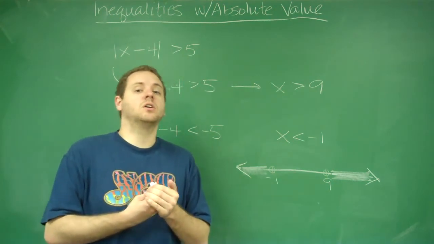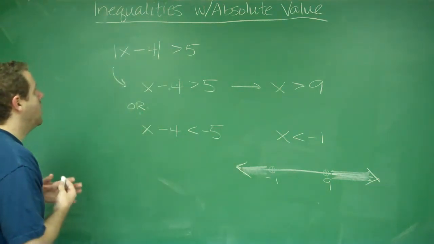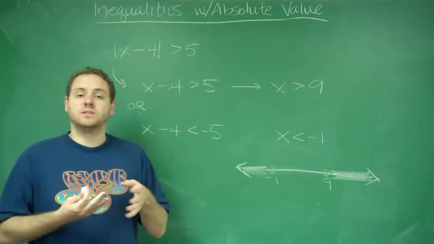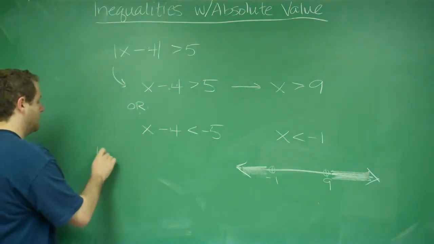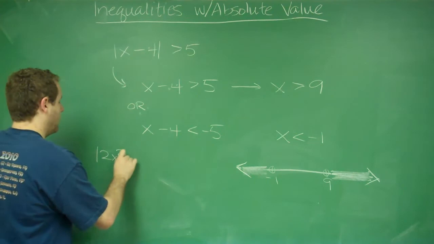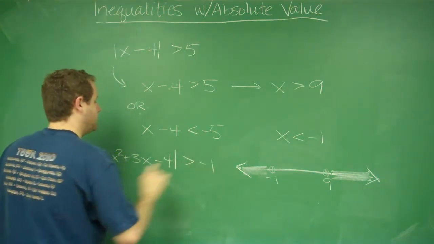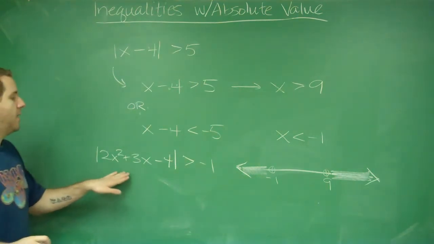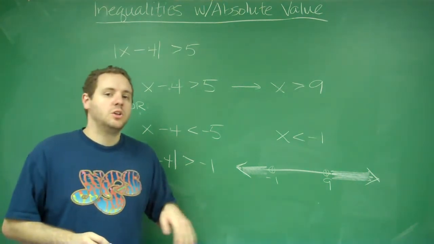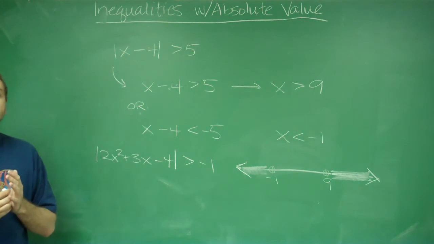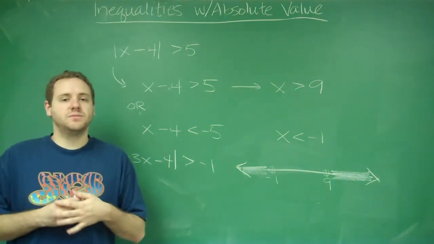Now keep in mind, there are going to be tricky things too, where you actually don't even need to do any work. Let's look at an example of that. If you had a problem like this come up, you actually don't need to do anything for this problem, because keep in mind what absolute value means.